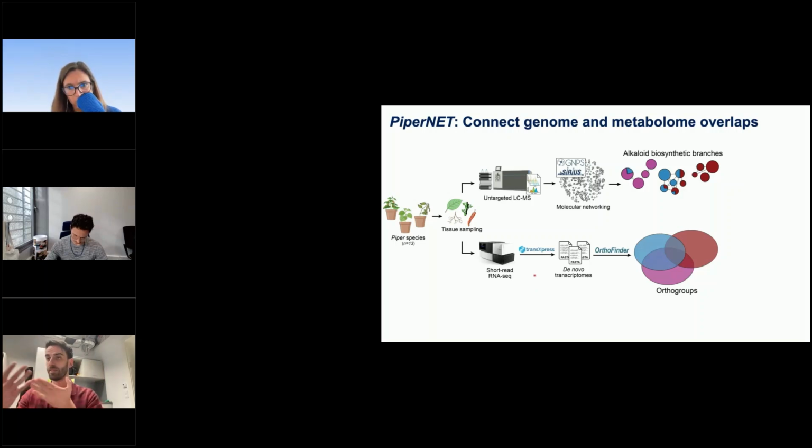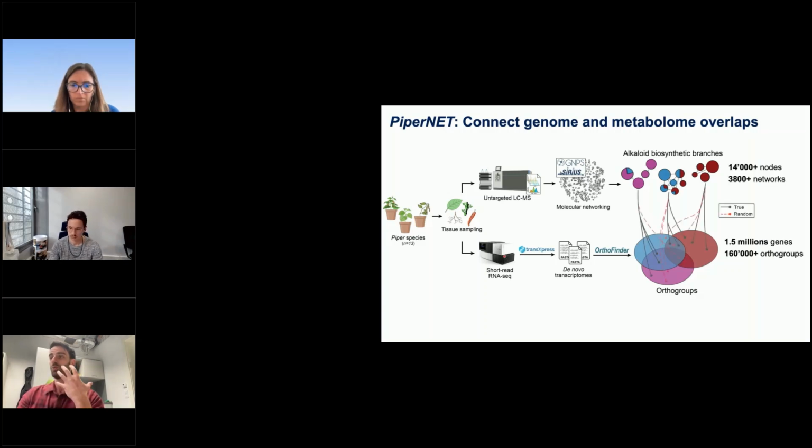They most likely perform the same function in the different species. So, long story short, at this point, we're able to say, okay, I observe this metabolite in this species, but not in this species. And we're able to do the same also for all the genes that we can detect with our sequencing.